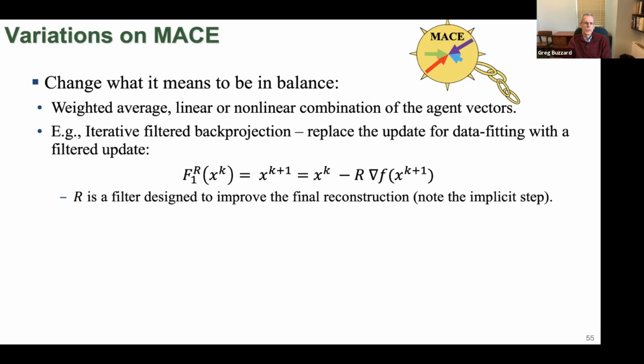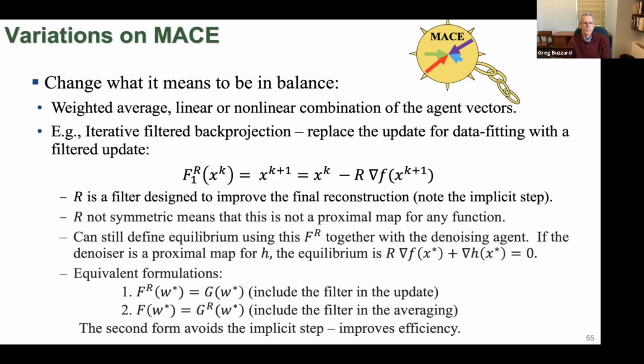But in this case, there's no longer a cost function formulation since it's not symmetric. But we can still use this modified f sub r as one of our agents to define the equilibrium condition. And in this case, when the corresponding agents have cost functions, then we get this slightly modified first order optimality condition where this gradient of f is multiplied by our filtering function r.